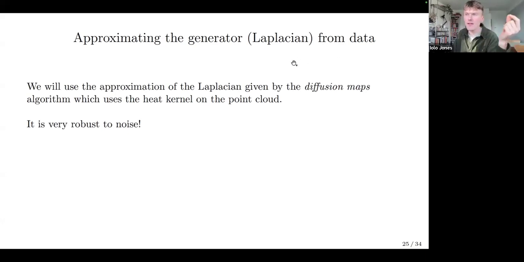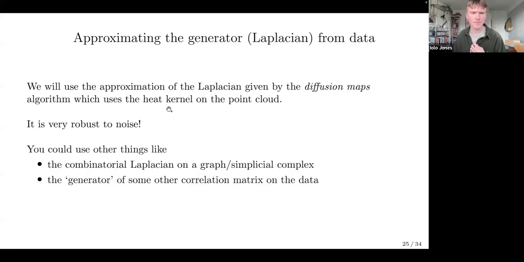the reason this is a nice recipe computationally is because there are loads and loads of really good tools for computing the Laplacian in different discrete contexts. I'm using the diffusion maps Laplacian, which uses the heat kernel to get at the Laplacian. And the key thing is it's really robust to noise. A lot of the good statistical properties that we see from these methods are inherited from the fact that the diffusion maps Laplacian is really good.